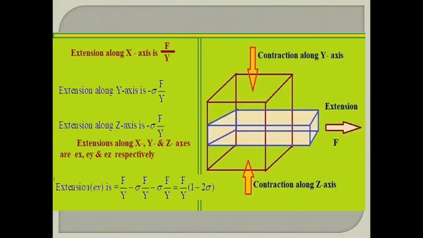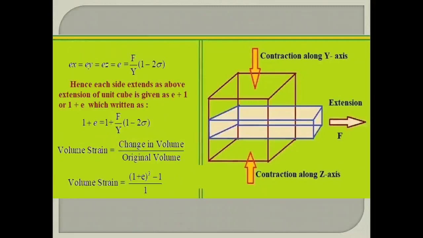Here, extension along the x-axis is equal to extension along the y-axis is equal to extension along the z-axis is equal to extension E simply, which is equal to capital F divided by Y into bracket 1 minus 2 sigma. Hence, each side extends as above. The extended unit cube side is 1 plus E, which is written as 1 plus capital F divided by capital Y into bracket 1 minus 2 sigma.